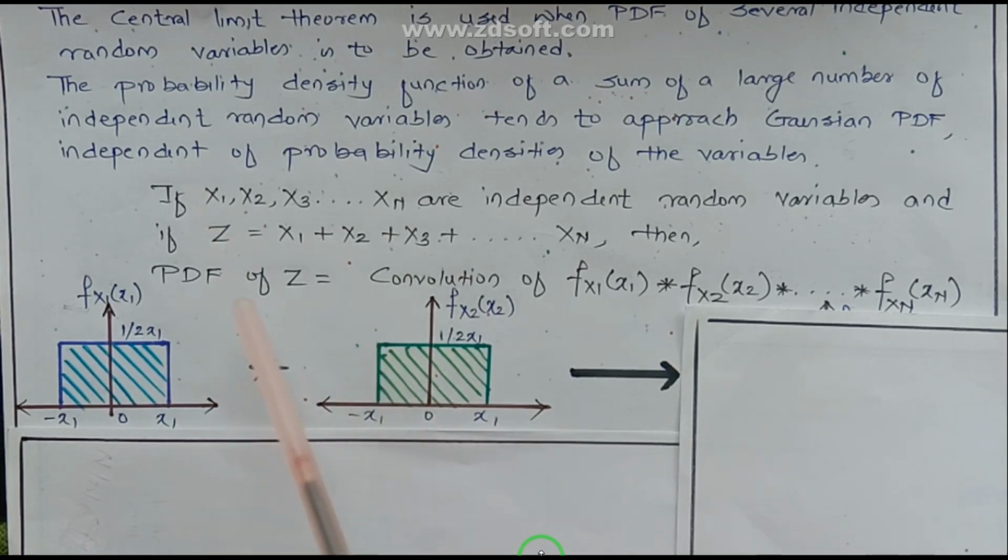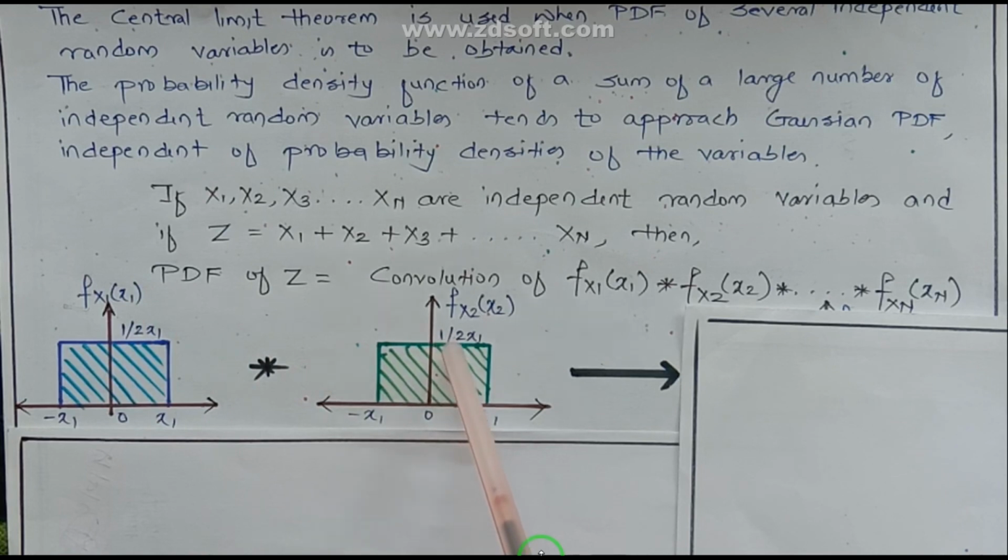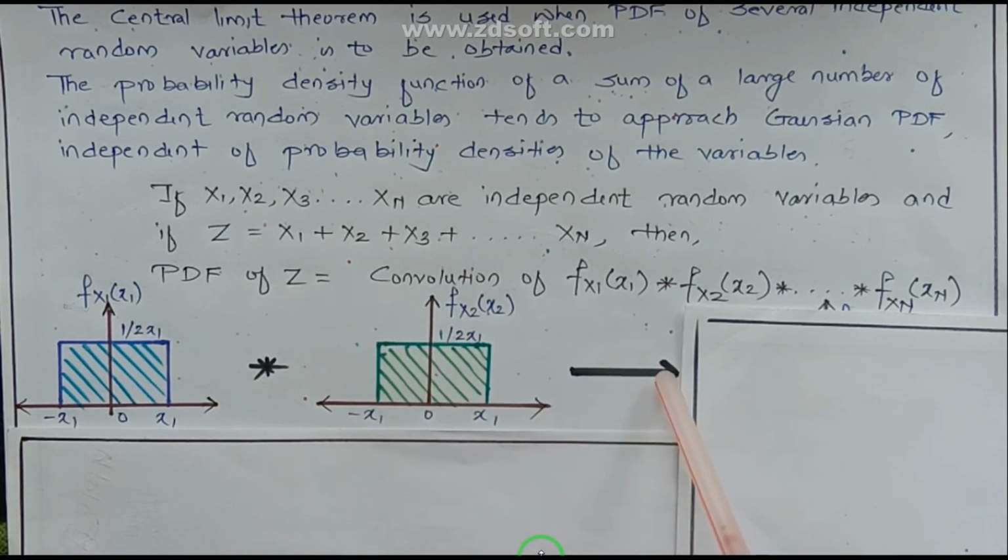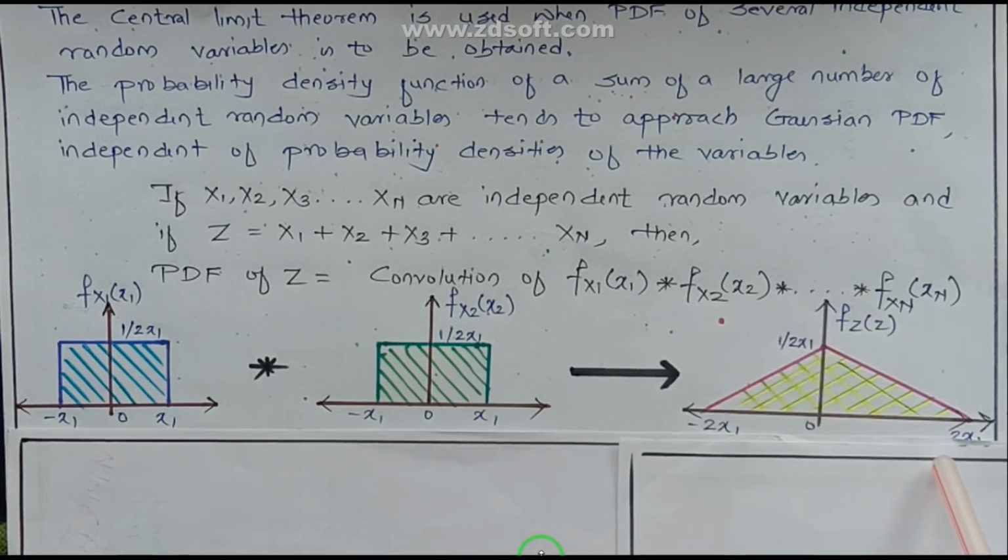And the PDF of z would be the PDF of x1 convolved with the PDF of x2, that is fz of z is equal to fx1 of x1 convolved with fx2 of x2. Then the resultant PDF of z would look like this.